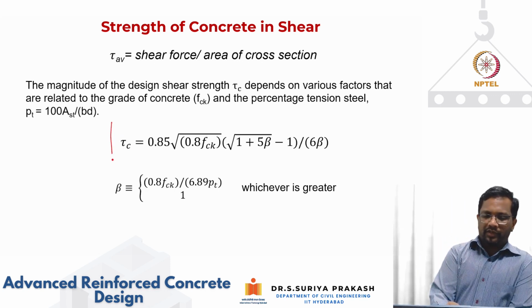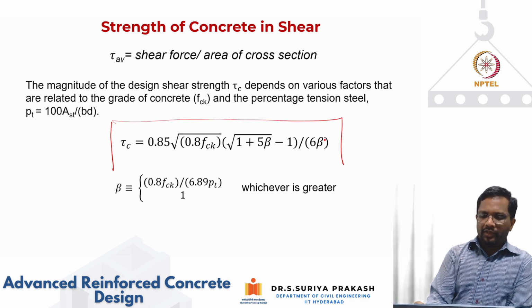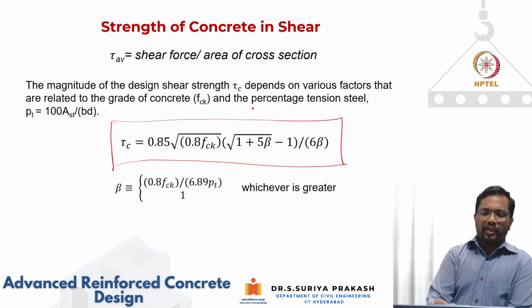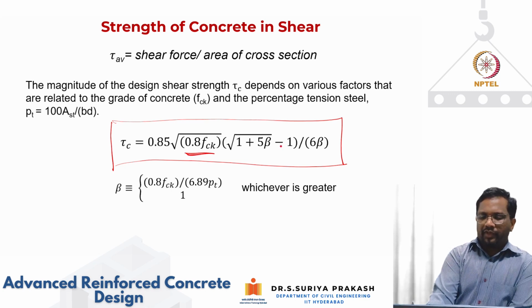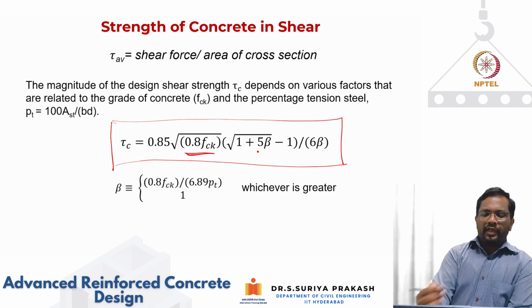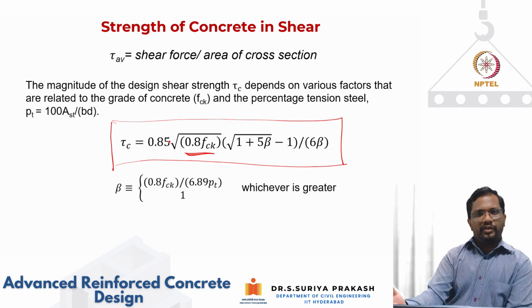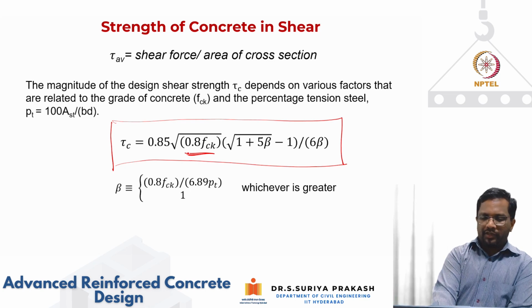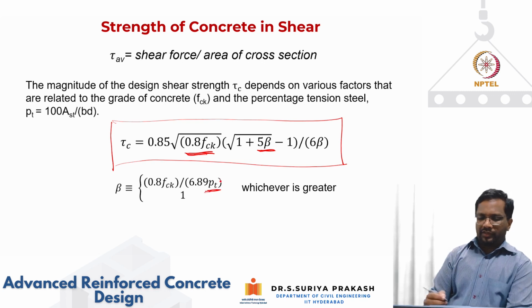Now, so this is the expression. So whatever the values that are given in the table can be expressed in this form of equation. As you can see, whenever you see square root of fck, it is basically some form of tensile strength of concrete, and shear strength is always linked to the tensile strength of concrete. So higher the grade of concrete, higher will be the shear strength. And then in addition to that, you also have a factor called beta, which is a function of the amount of your tension steel.